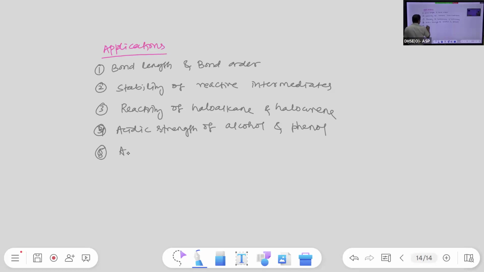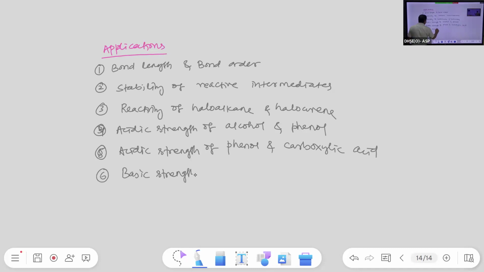Then acidic strength of phenol, then quickly note down carboxylic acid, basic strength of aliphatic amines. We will discuss all of these later.